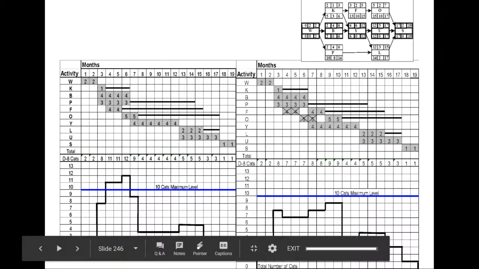So the decision was made to postpone activities F and O by 3 months, which will remove this resource overload and give you a slightly more leveled resource profile.